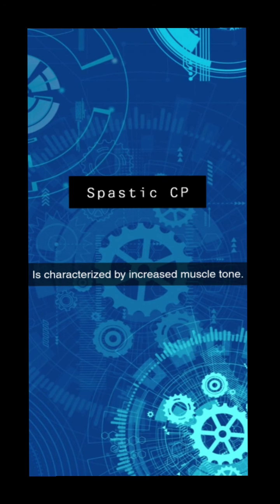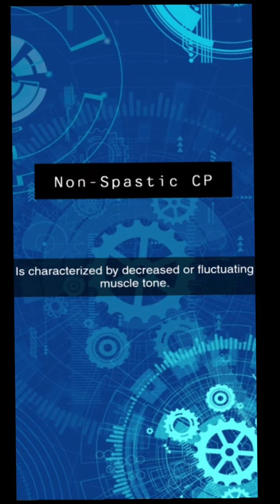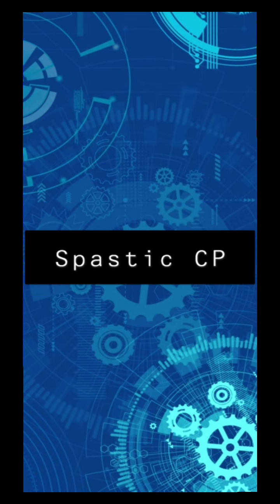Spastic cerebral palsy is defined as high muscle tone, so like tense muscles. Non-spastic cerebral palsy is defined as loose muscles, low tone. I happen to have spastic CP.